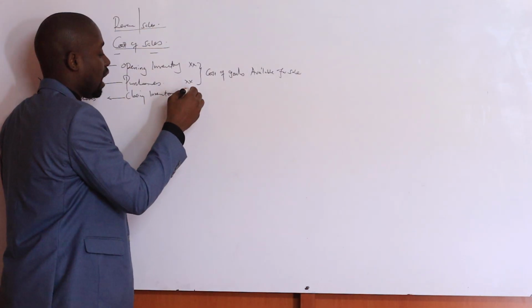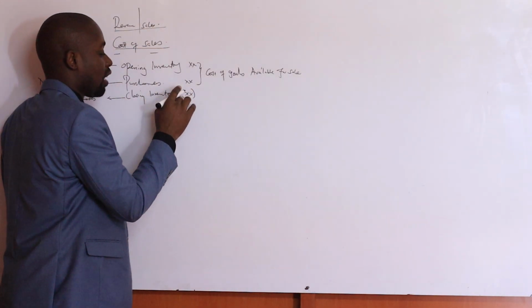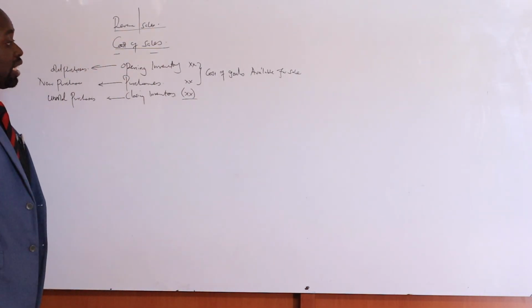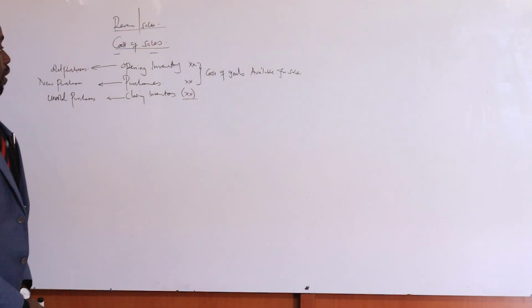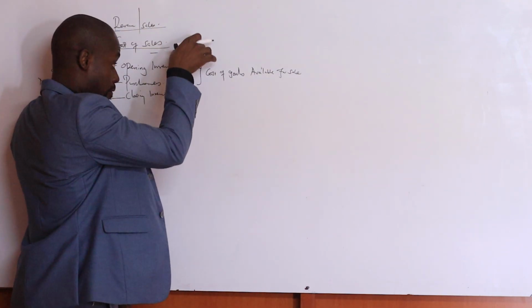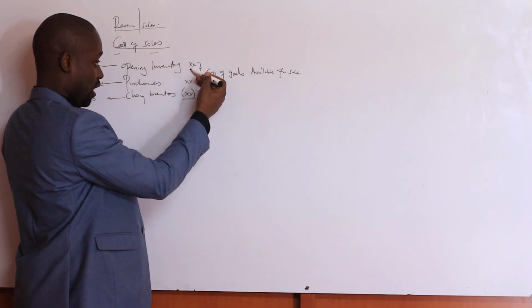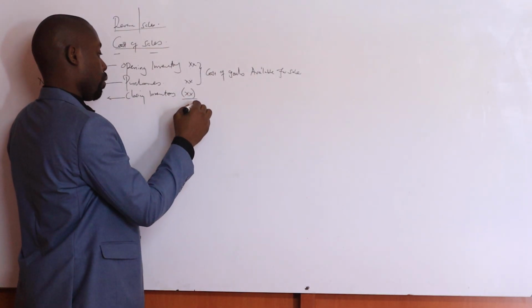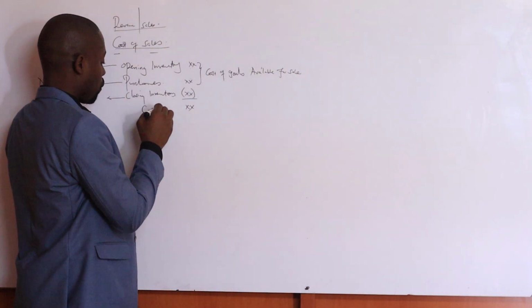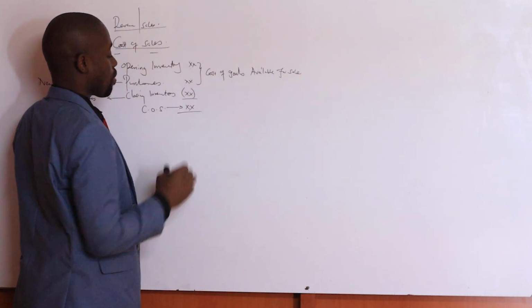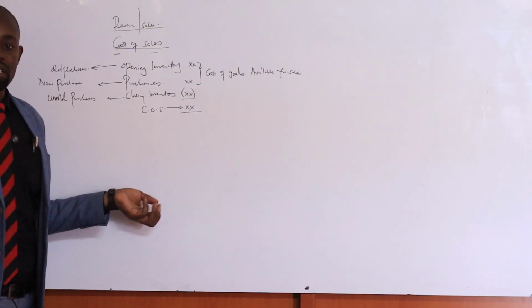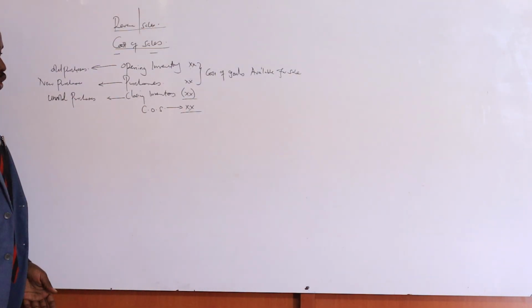This one still in our stores, we don't have a sales value because no one has taken them. We cannot attribute a sales value to them. So they are still unsold. The value of unsold is the sum of this and this less this, because this one is part of this. So what we have is what we call cost of sales. The price at which goods that have been sold were acquired at. It's called cost of sales.